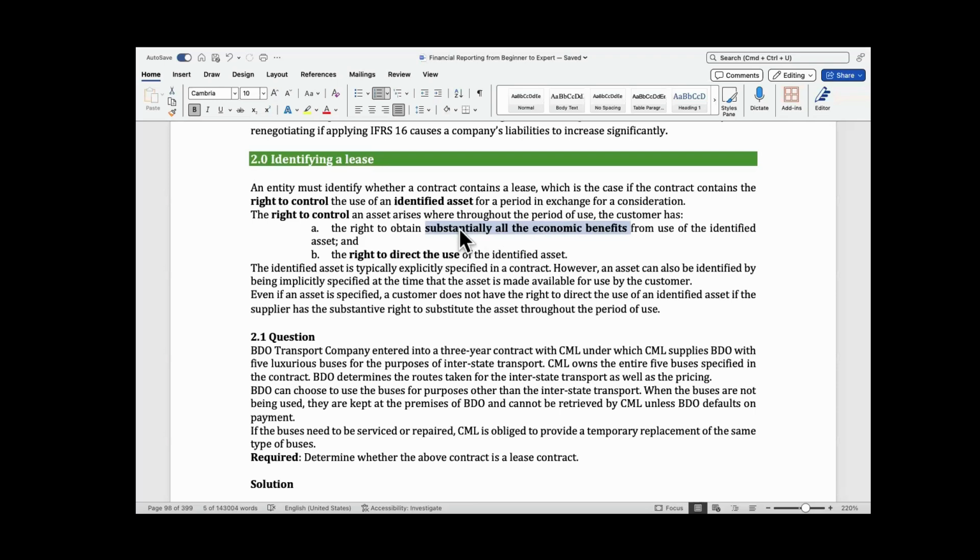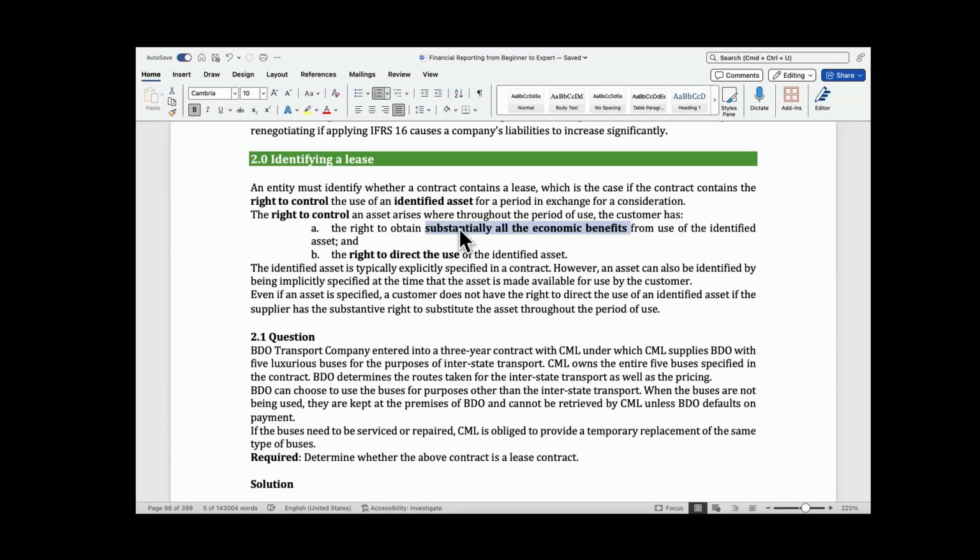No other person must be using that asset. Before we can say convincingly that the lessee obtains substantially all the economic benefits, it must be the only one using it. If any other person is using the asset, that means it doesn't obtain all the economic benefit.